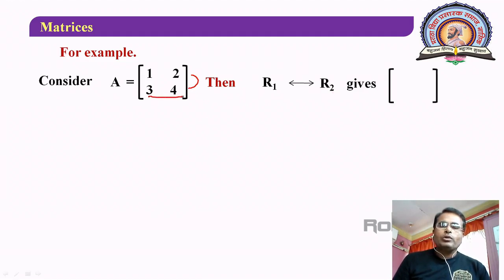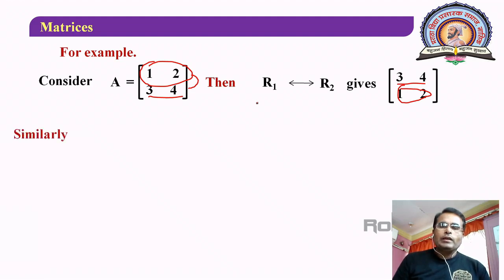Here the second row 3, 4 appears as the first row in the new matrix, and the first row 1, 2 in the original matrix appears as the second row in the new matrix. In this way you can consider interchange of first and second row for the given matrix A.